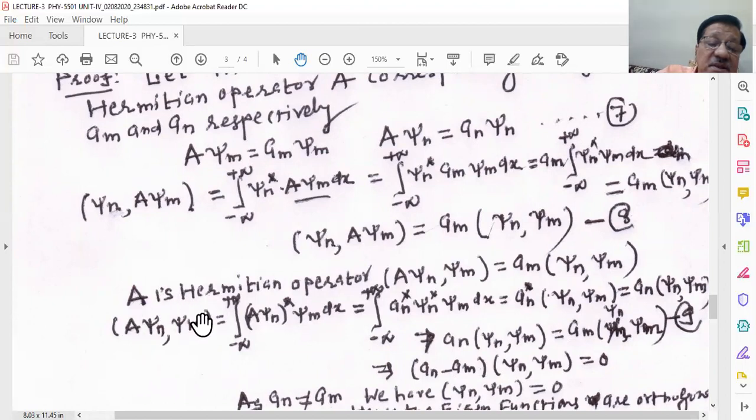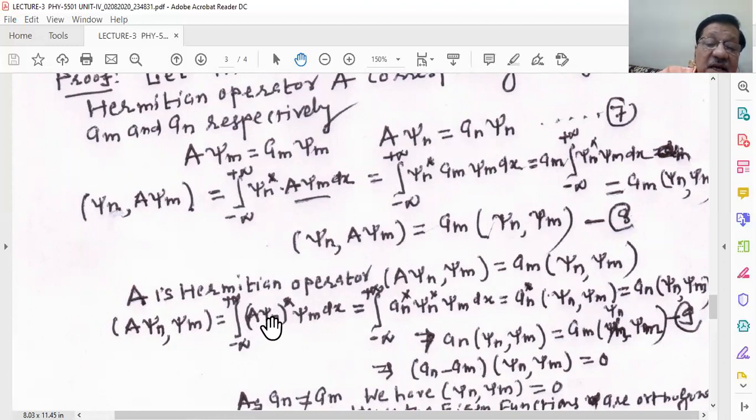This is the scalar product, and this scalar product is written in the integral form: the integral of (Aψn)* ψm dx. Now you know the eigenvalue equation, Aψn is anψn. So I write down anψn here.